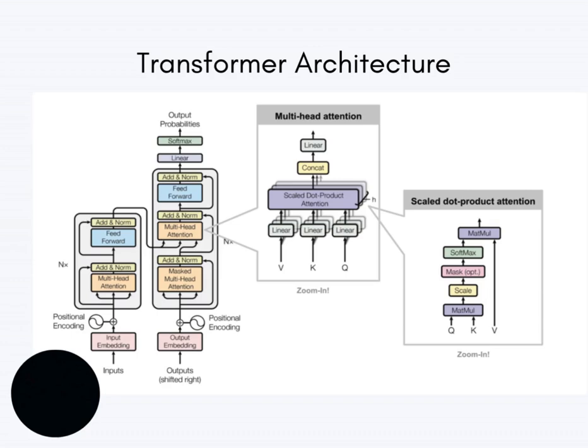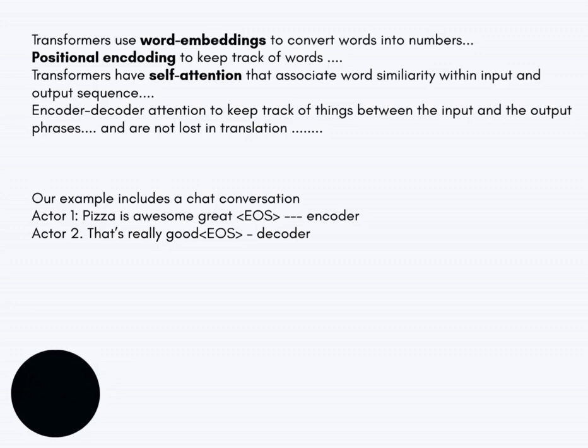In the encoder part, you give the conversation and follow a few steps, and then the decoder is going to give you an answer, right? That's what a chatbot will do.